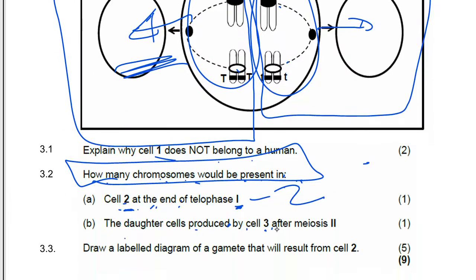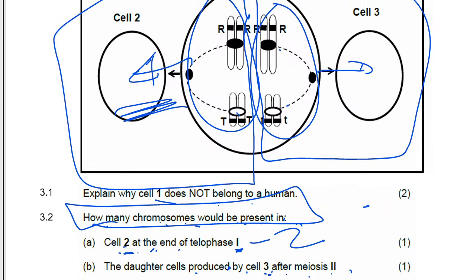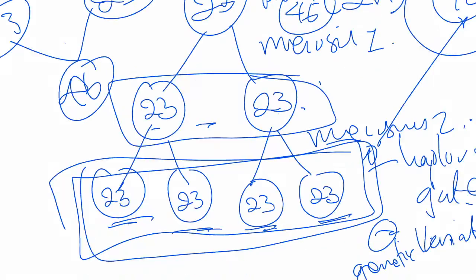What are the cells produced by cell 3 after meiosis 2? It's going to be 4. Wait, you are saying the daughter cells produced by cell 3 after meiosis 2. They are talking about only this cell. So cell 3 is going to produce how many? We go back.